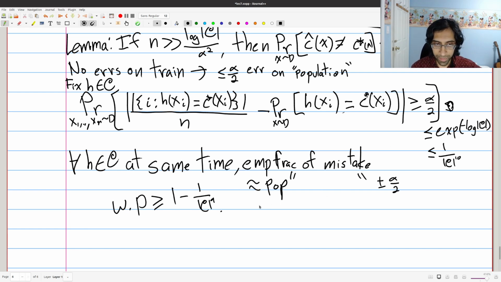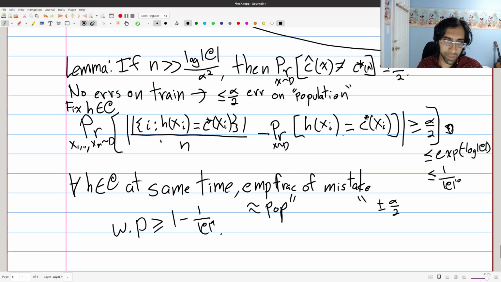So what have we done now? We've shown that for all of them at the same time, the empirical fraction of mistakes is equal to the population fraction of mistakes up to an additive alpha over 2. Now the proof is easy to finish, because consider any function in the class which made 0 empirical errors, so 0 fraction of mistakes here.